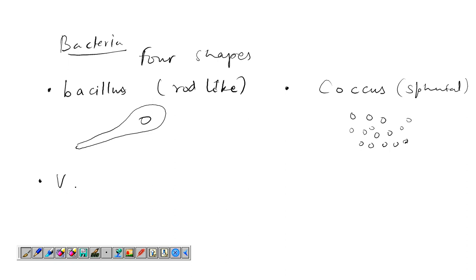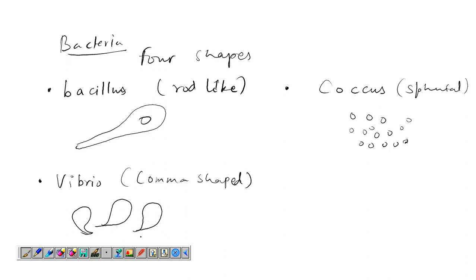And then comes Vibrio. It is comma shaped. Like this. And then we have Spirillum, which is spiral in shape.